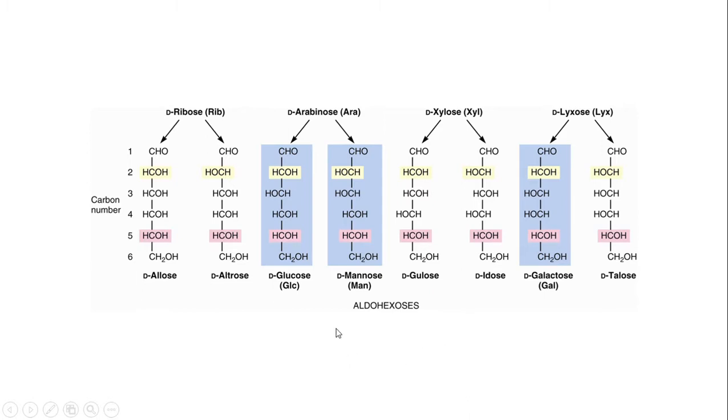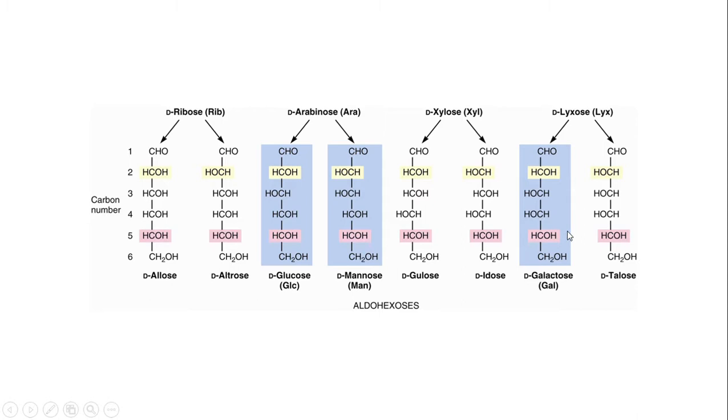I want to point out that these are epimers of one another. These are C2 epimers, glucose and mannose. So at C2, the hydroxyl groups are on opposite sides of the chain, otherwise they're the same. And galactose is a C4 epimer.